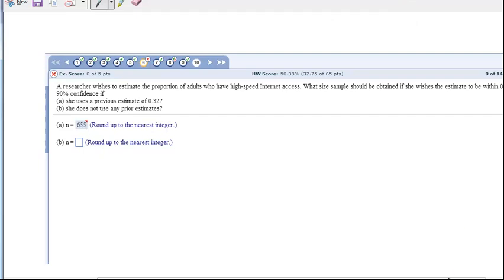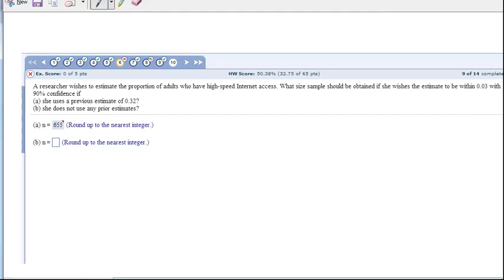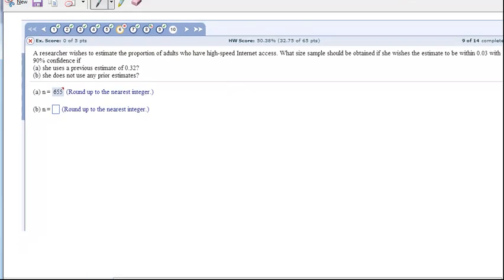This next one, they don't give us a previous estimate. So I like to think of it this way: if you have no estimate, then it's a 50% chance either way, right? The chance is 50-50, you have no idea. So here, same idea, where we have this 0.03.